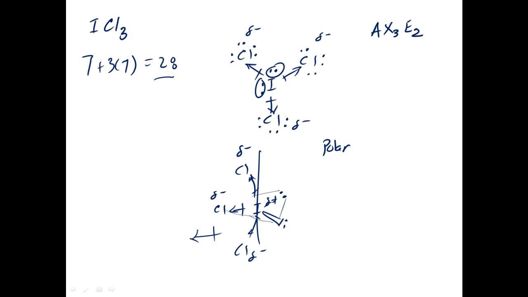So this is a polar molecule. The geometry is considered T-shape. Before these are blown back, it still looks like a T. Here's one part, here's the other part, and there's the other part. T-shape.